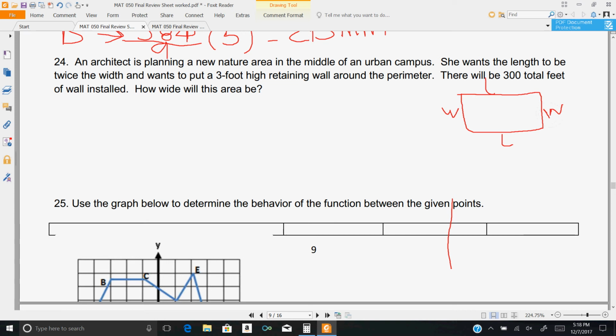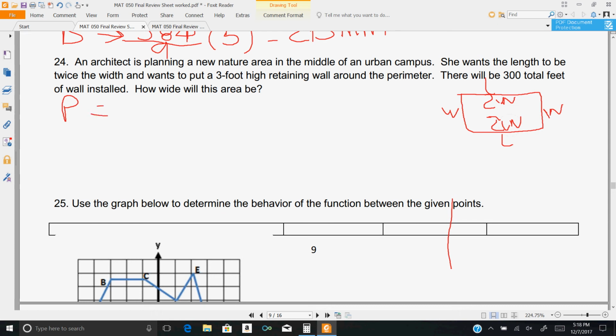You could set this up as two different equations, but we know that the length is twice the width. So I'm going to put 2W instead of L.